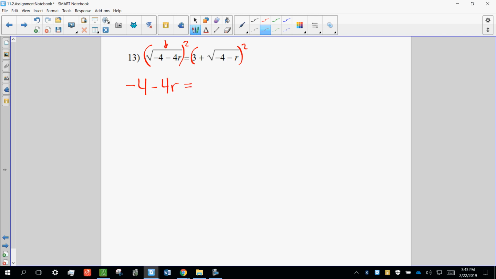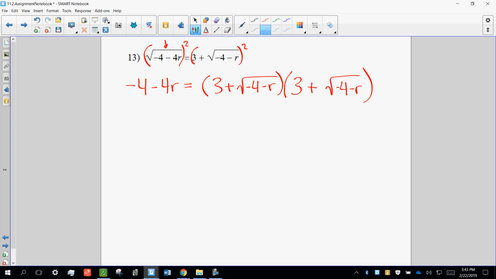Now what happens on the other side, we don't get rid of the square root, but going from 2 to 1 is better than going from 2 to still having 2. So we have to multiply this out. If that's squared, that's the same as saying 3 plus the square root of negative 4 minus r times the same exact thing.